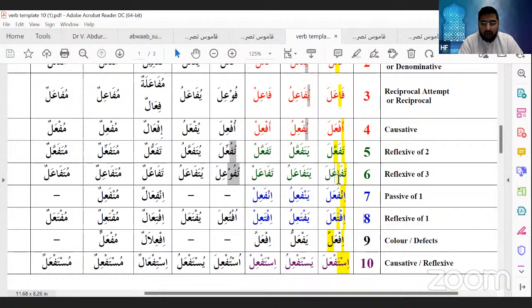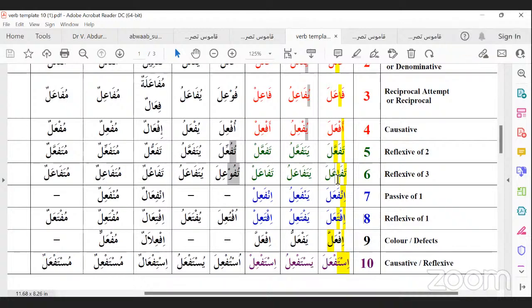Now, when you put the verb on this pattern, tafa'ala, yatafa'alu, it gives the meaning of doing so, exchanging.